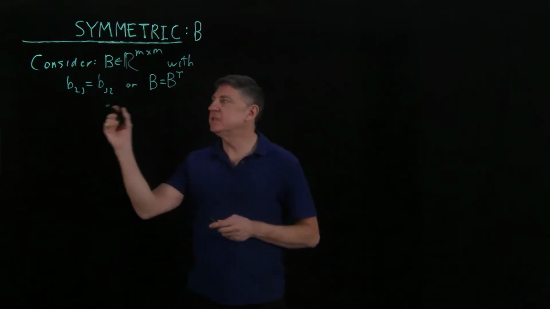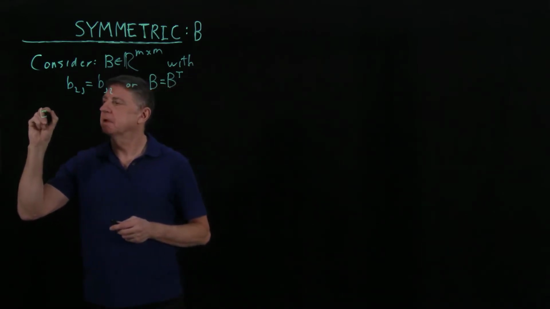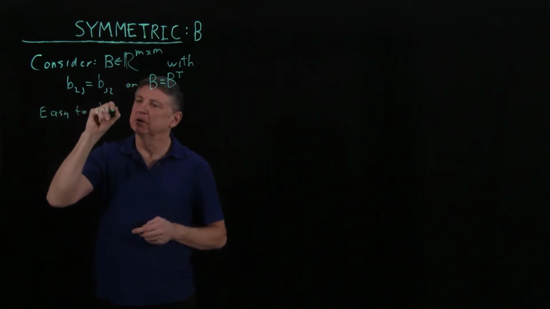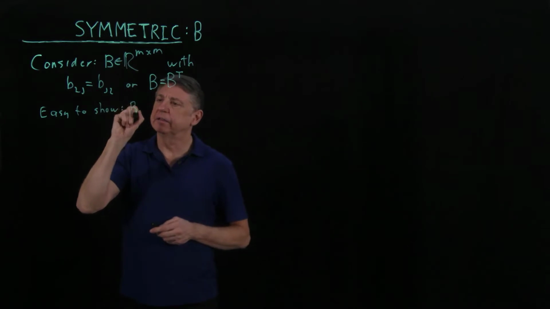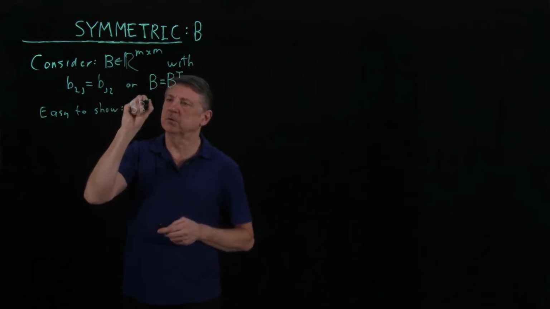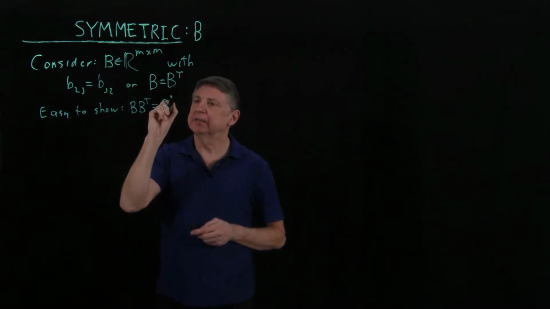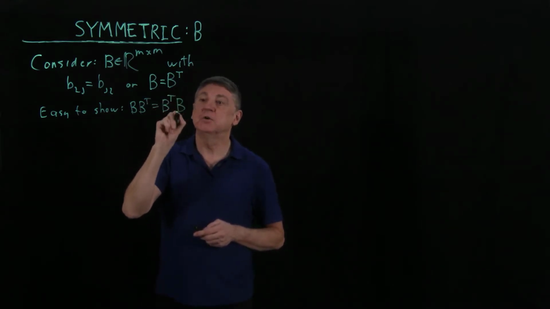And it's easy to show that the matrix commutes with its transpose, and that means that such a matrix is a normal matrix.